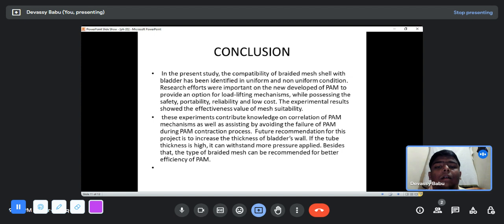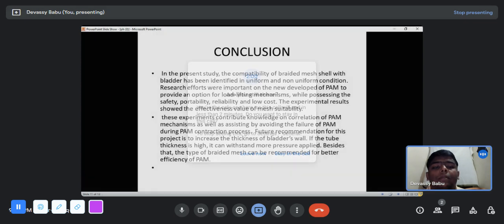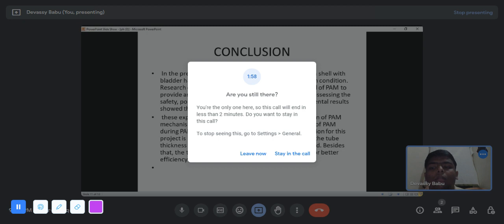In the present study, the compatibility of the braided mesh shell with the bladder has been inflated under uniform and non-uniform conditions. The researchers' efforts were important to the new development of PMA to provide an option for load lifting mechanisms while possessing safety, portability, reliability, and low cost.